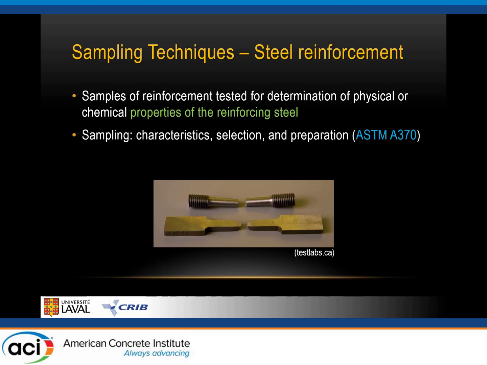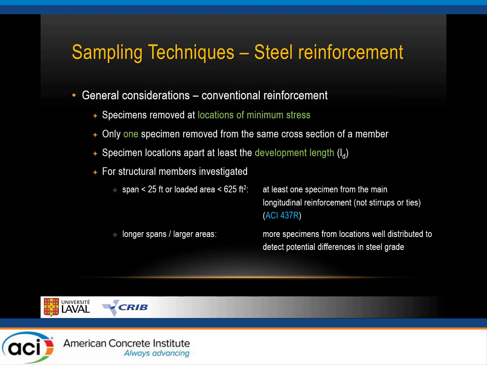Finally, just a few words when it comes to steel. Steel can be sampled in accordance with ASTM A370, and there has to be some care given to the location and the number of samples taken. We typically want locations where we have main reinforcement, but it has to be limited in areas, and the spacing matters.